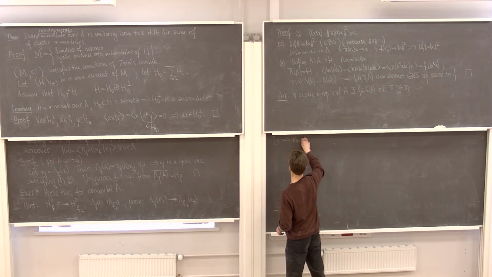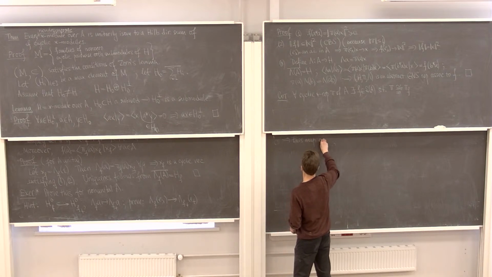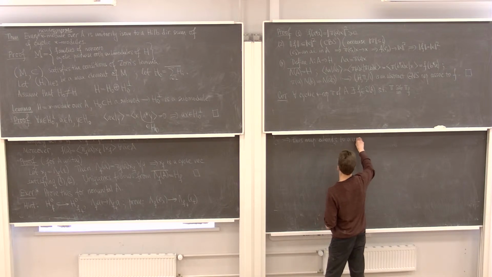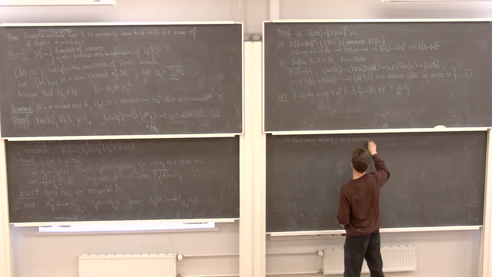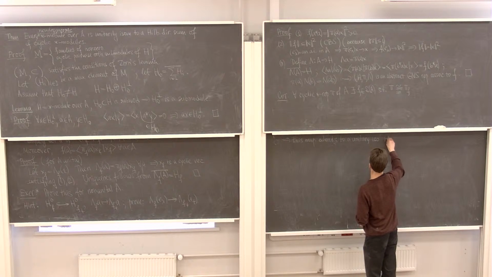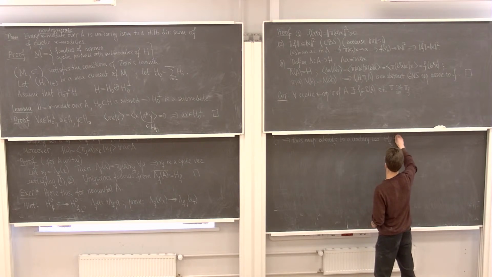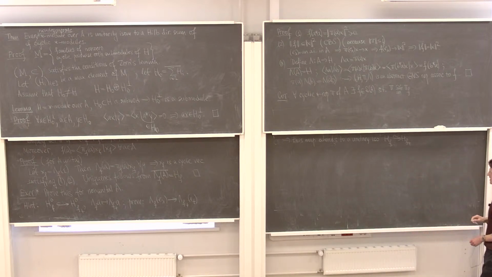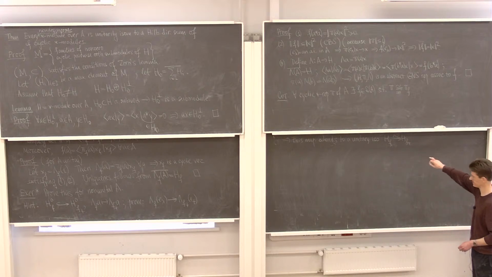So this map extends to a unitary isomorphism between HF and HF plus. So the algebras are different, of course, since A plus is bigger than A, but the respective Hilbert spaces are identical.